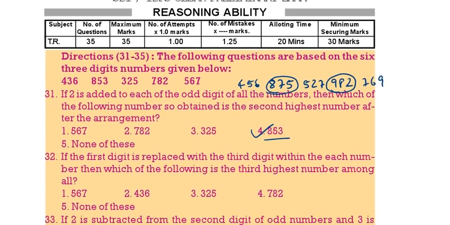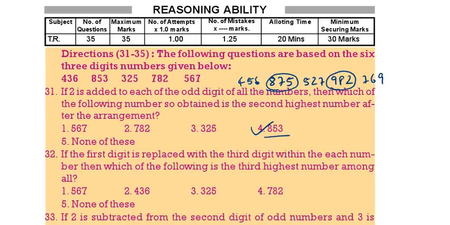If the first digit is replaced with the third within each number, then which of the following is the third highest number? First digit is replaced with the third. That means we will get 634, 358, then it becomes 523, 325, 782 becomes 287, and the last one is 765.